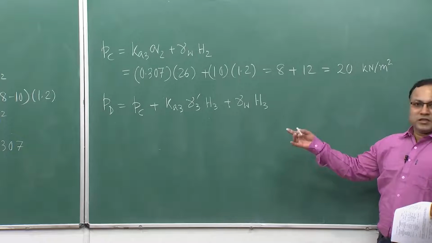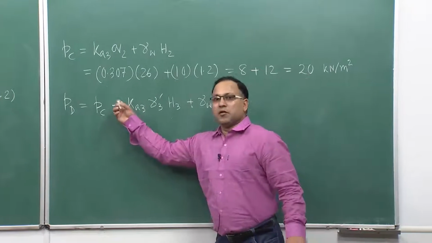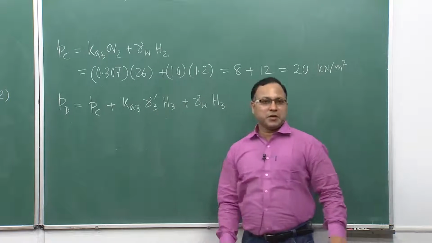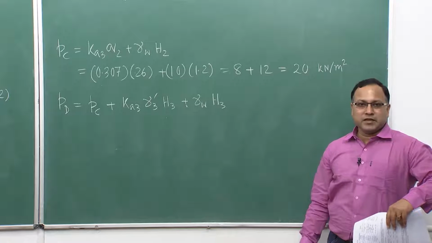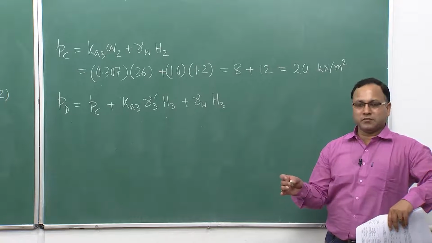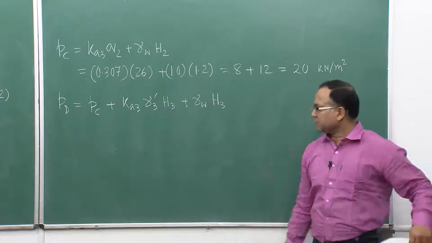So, Pc will be always there, right. So, whatever you have calculated just now, this 20 will be there plus Ka3 into gamma 3 prime. What is gamma 3 prime? That is the submerged unit weight of stratum 3 into H3. H3 is depth of stratum 3 plus the water pressure at that level, right. So, D is the bottommost point of the wall.